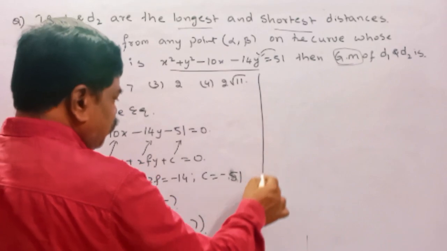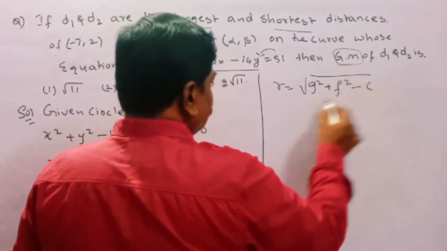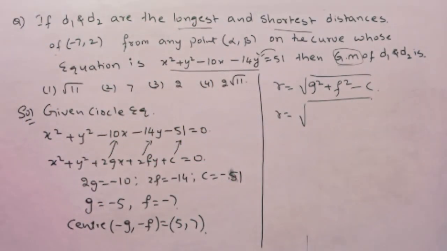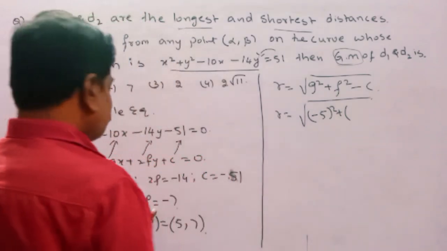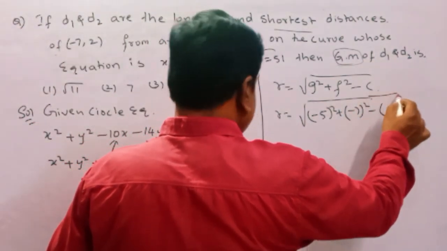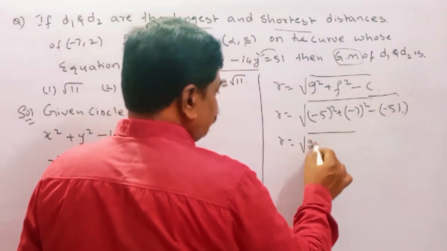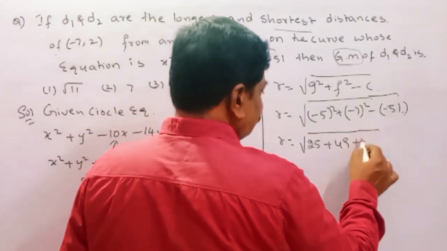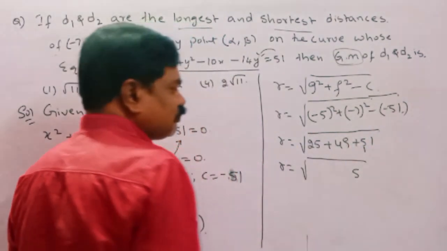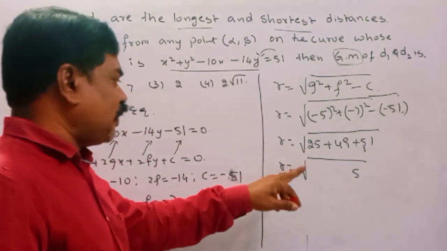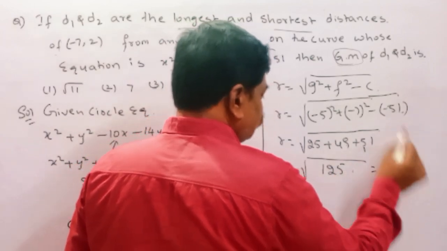Then you have to find the radius: r = √(g² + f² − c) = √((−5)² + (−7)² − (−51)) = √(25 + 49 + 51) = √125 = 5√5.